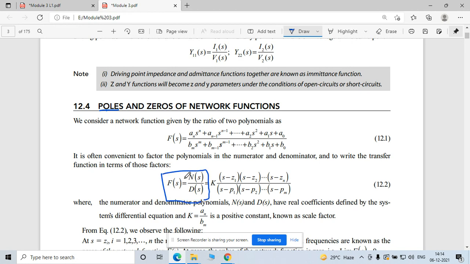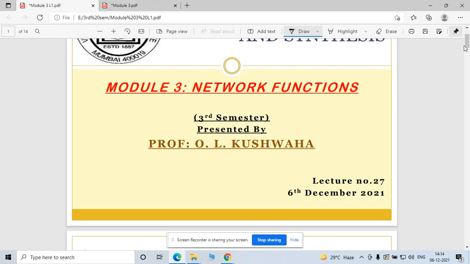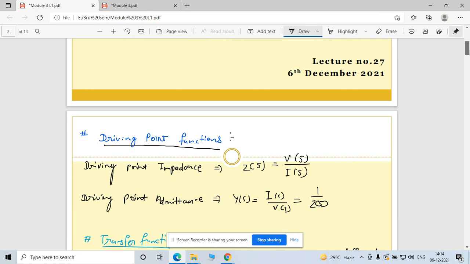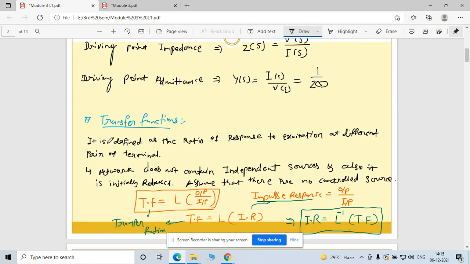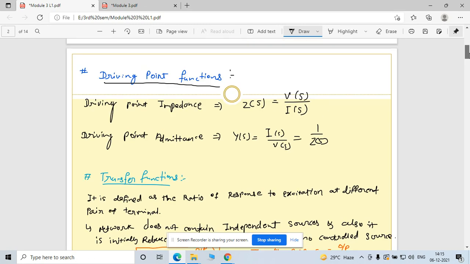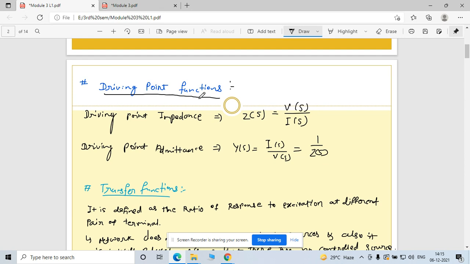First of all, what do you mean by transfer function? Transfer function is nothing but your ratio of response. The driving point function we already discussed, right? It is nothing but the ratio of output to the input.